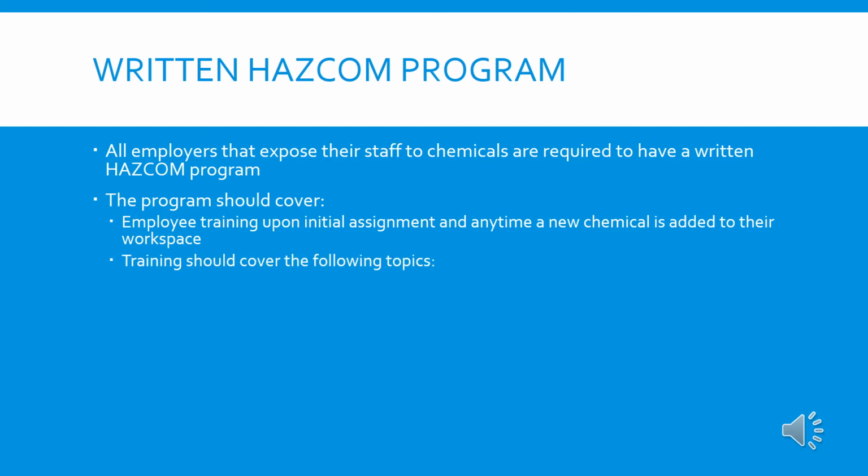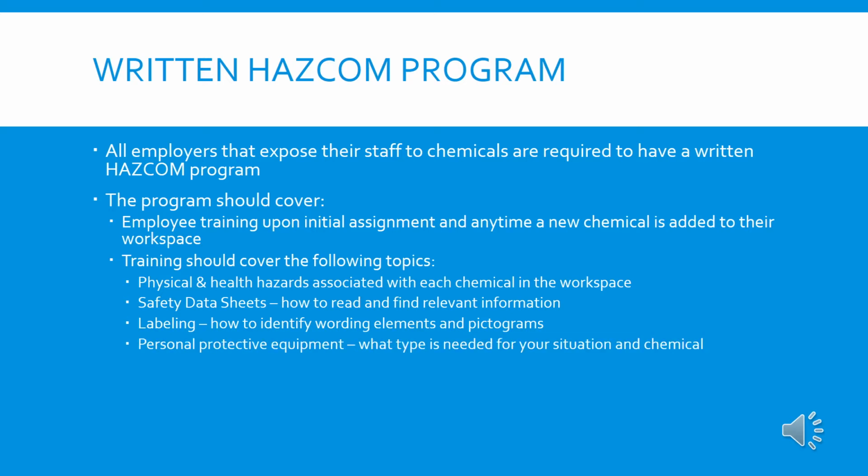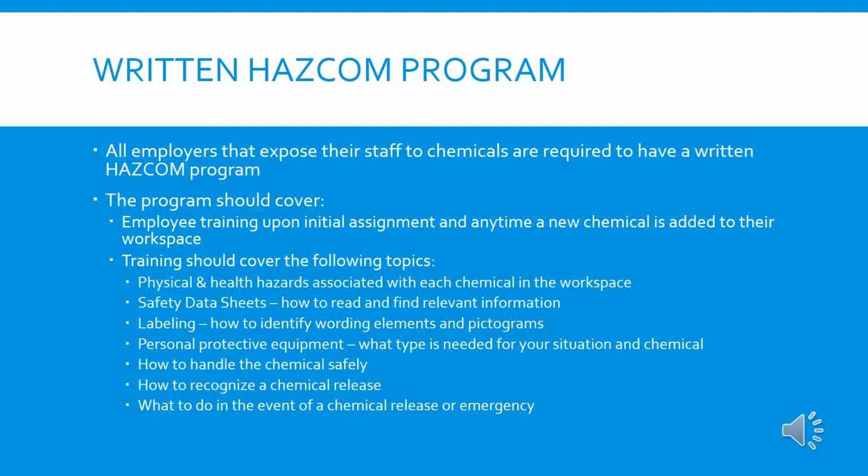Training should cover the following topics: physical and health hazards associated with each chemical in the workspace, safety data sheets, how to read and find relevant information, labeling, how to identify wording elements and pictograms, personal protective equipment, what type is needed for your situation and chemical, how to handle the chemical safely, how to recognize a chemical release, what to do in the event of a chemical release or emergency.